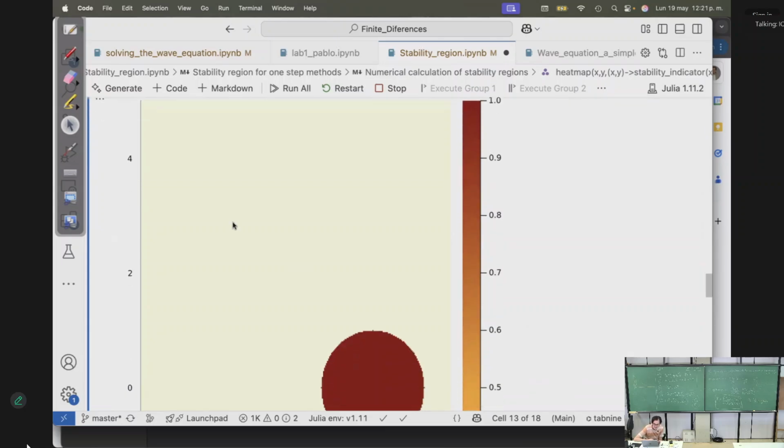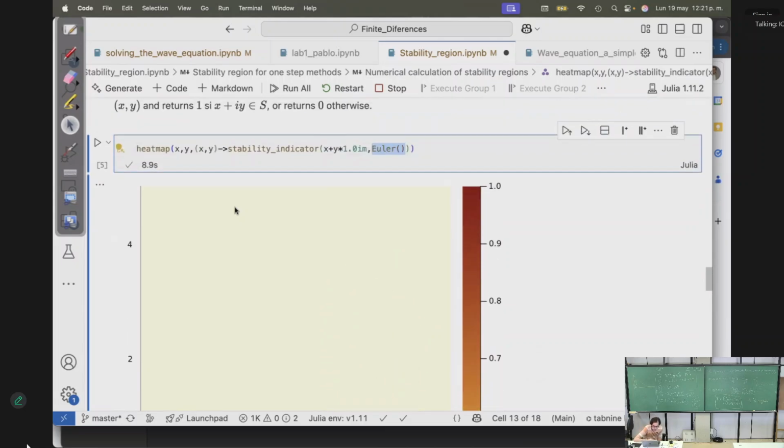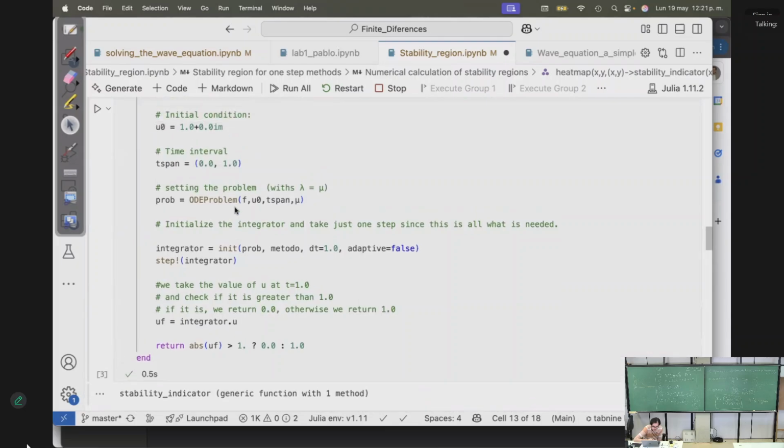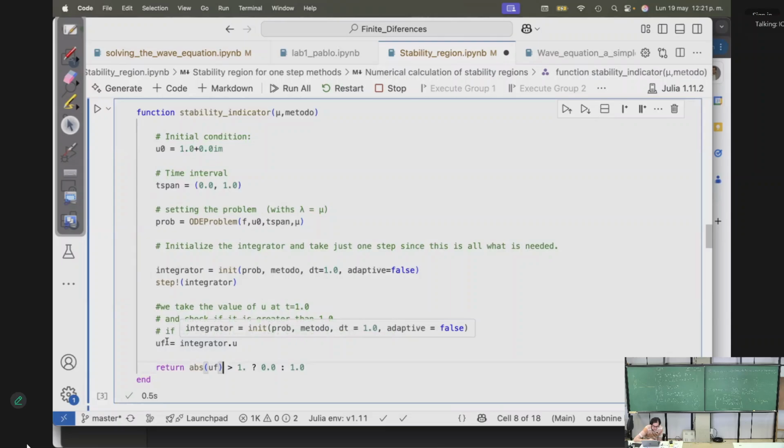So in this region here, when you do that, you will get an exponential decay. So you will get a smaller value of y when you evolve. In the other regions, you will get a larger value of y when you evolve, right? So this is exactly what we are checking here. We do a little step, and that's it.